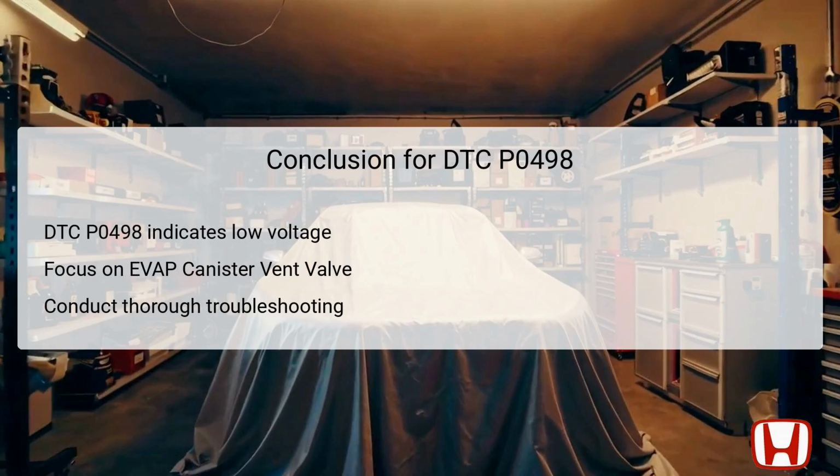Each step, from initial checks with the HDS to examining wiring and connections, contributes to a comprehensive diagnostic approach. Preventive maintenance will further support the vehicle's efficient operation and help avoid future occurrences of similar DTCs. Maintaining a functioning EVAP system not only helps ensure compliance with emissions regulations, but also enhances overall vehicle performance.